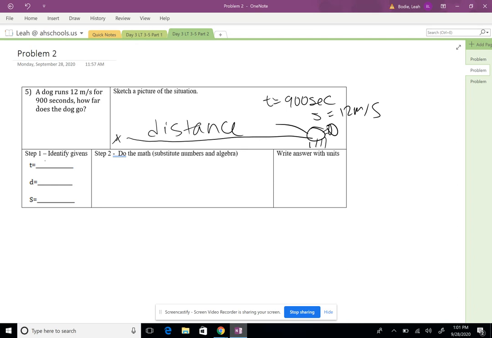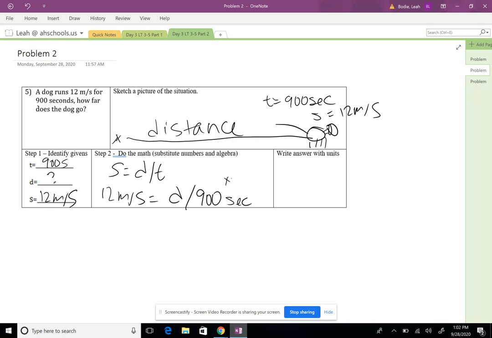So again, our time, 900 seconds. Our distance, not sure. We got to figure that out. And then our speed, 12 meters per second. So we can set up our equation. So our speed was 12 meters per second equals our distance divided by our 900 seconds.